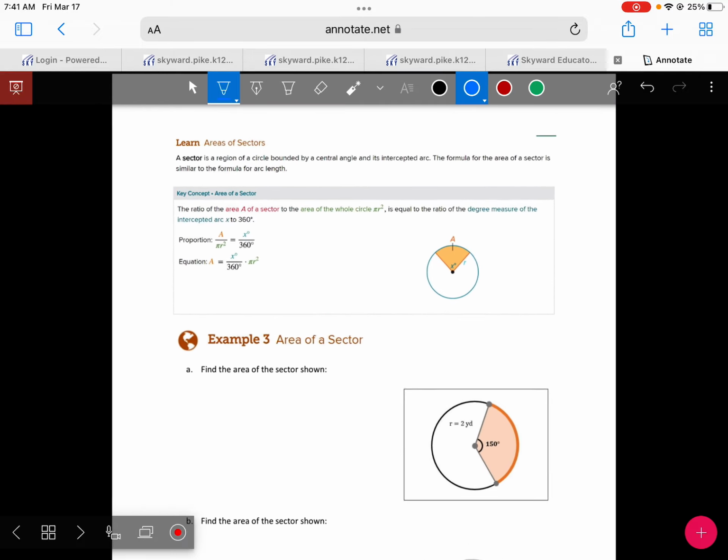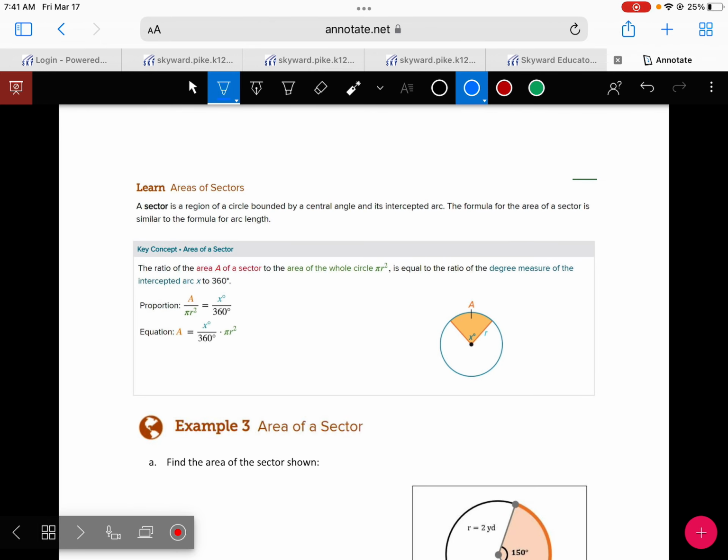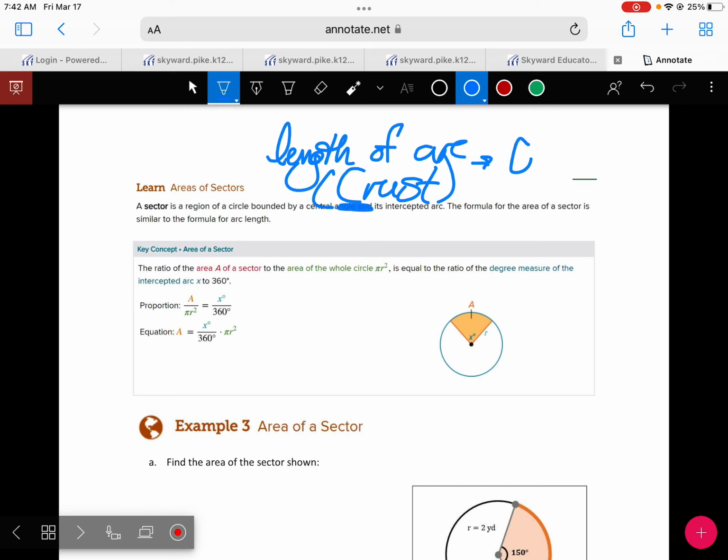All right, so area of a sector. We are used to finding the length of an arc, which we know is the crust, we used circumference, right? Now we have what we call a sector.